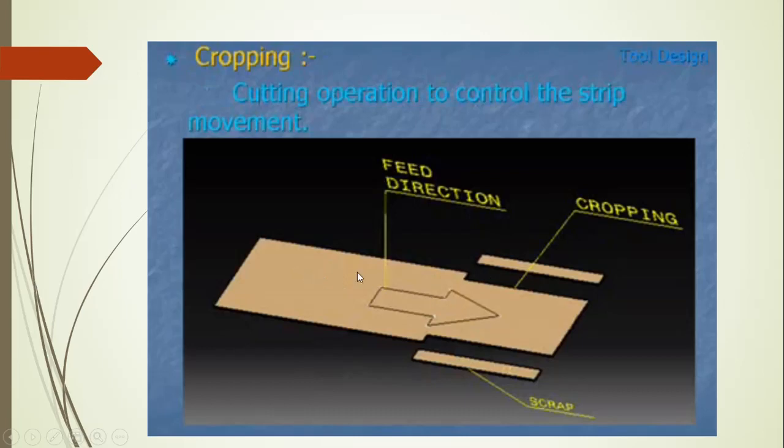Whenever we are forwarding that sheet metal, that is its feed direction, and we have to perform the operation only on that part, okay, that means we have to make a minimum scrap over there.